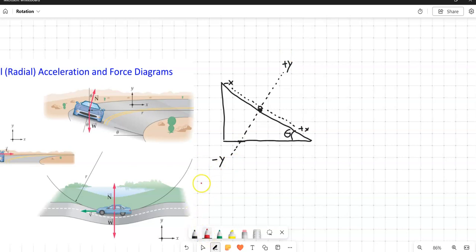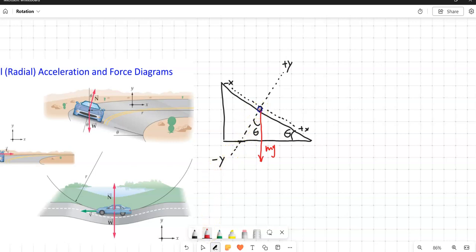So when the car is on an incline, you're going to have the mg force pointed straight down, okay, which means this is going to be theta. If you don't remember this, we did this problem in forces, and it was the last module in forces. I think it was like 3.4.